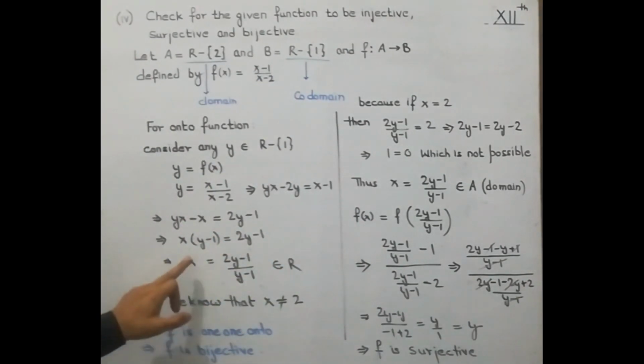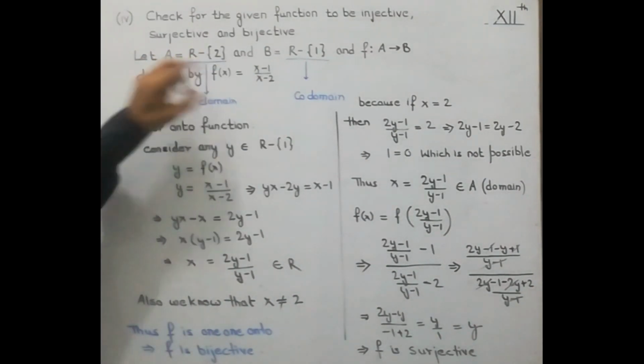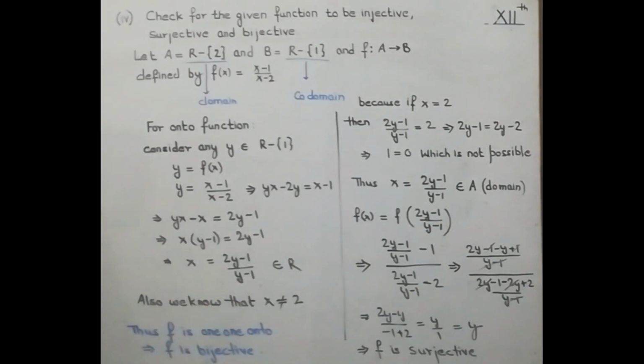So this shows that x belongs to real numbers. But we have to confirm that x is not equal to 2. And how will you confirm it?